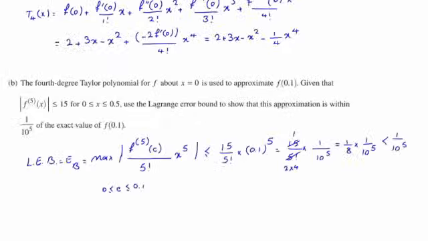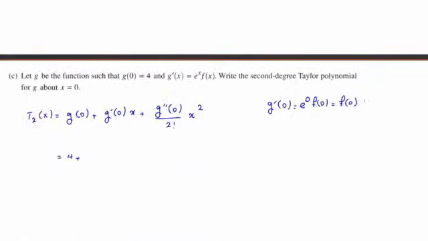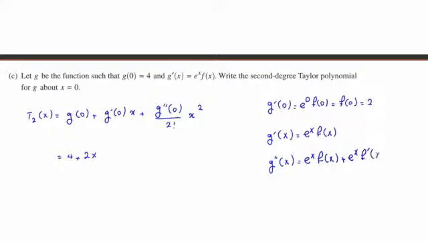f of 0 is what? f of 0 is 2. So it will be what? It will be 2, so plus 2x. g double prime: because g prime of x equals e to the x f of x, we use the product rule. It will be e to the x f of x plus e to the x f prime of x.